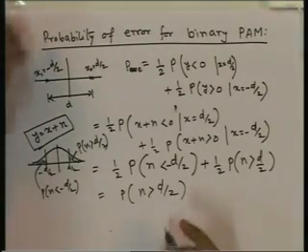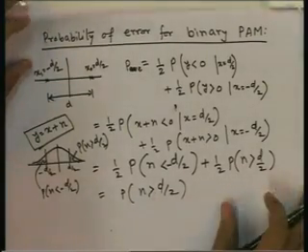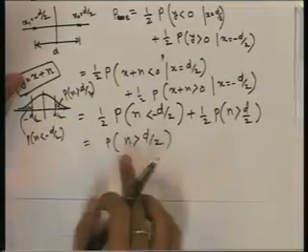Now, what is this? This is difficult to actually compute in closed form. This is actually the integration of the probability density function.